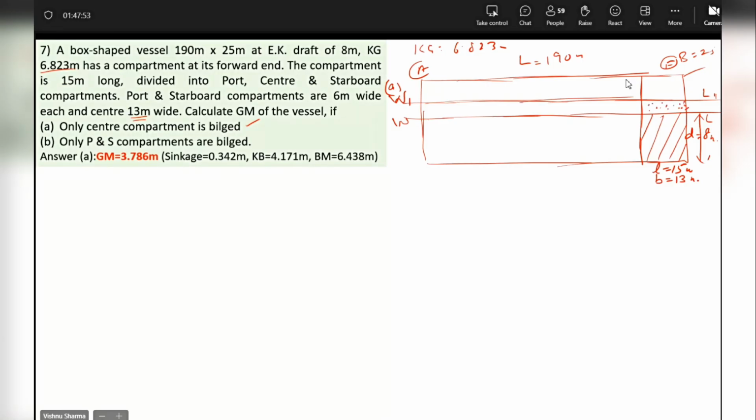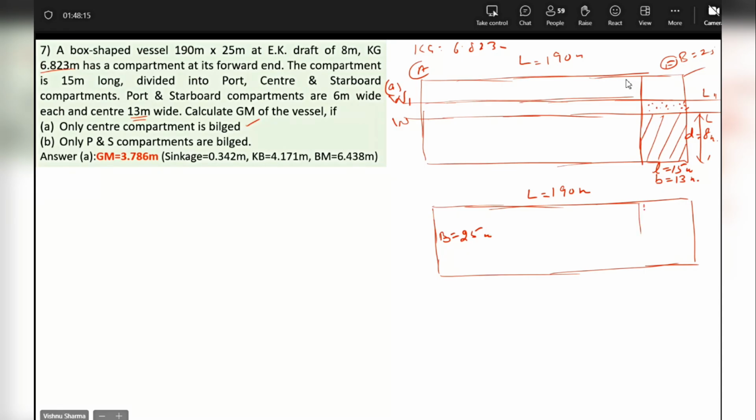Okay. Now I make the water plane area at W1 L1. The water plane area at W1 L1 in the bilged condition will be like this. The whole length will be 190 meters. Whole breadth will be 25 meters.